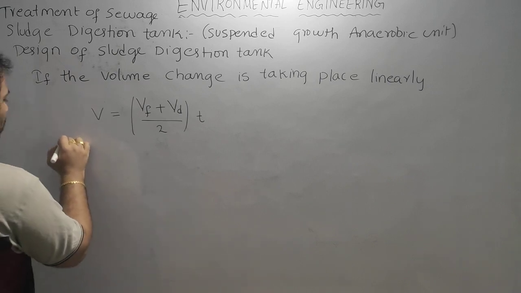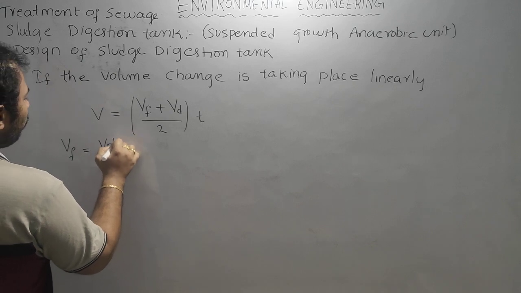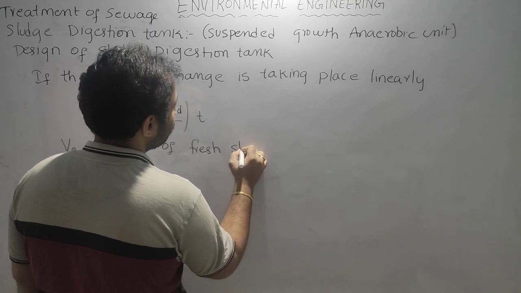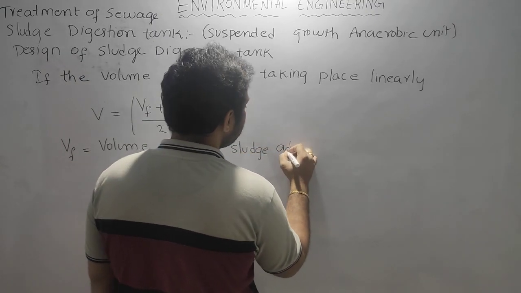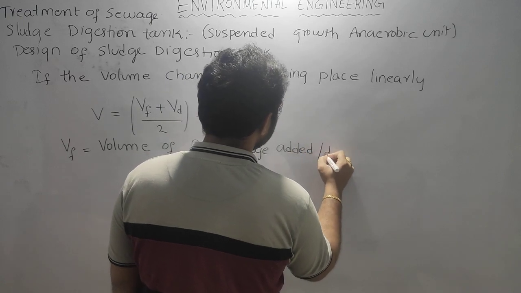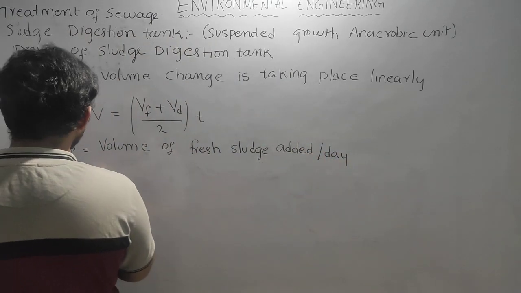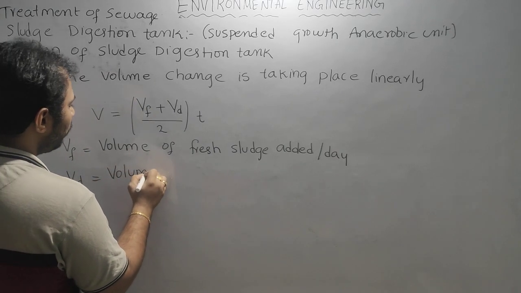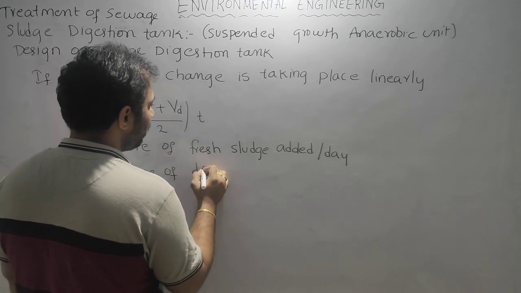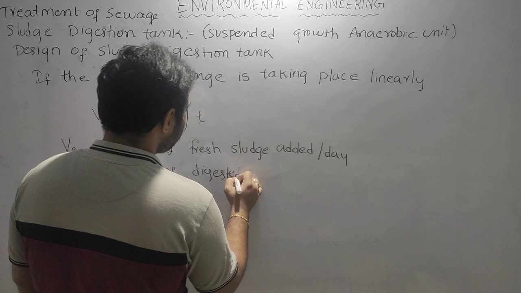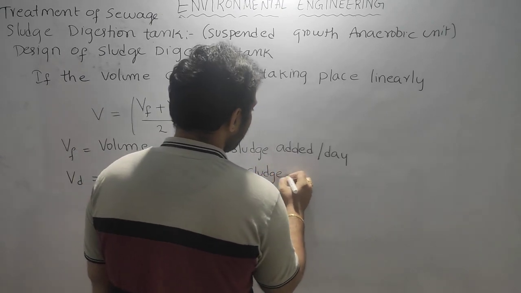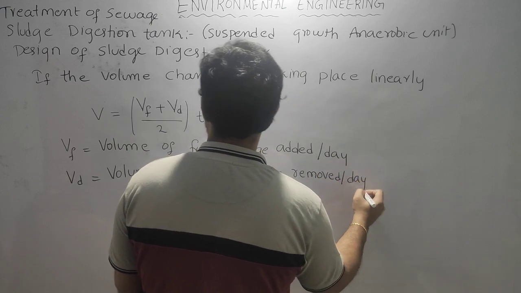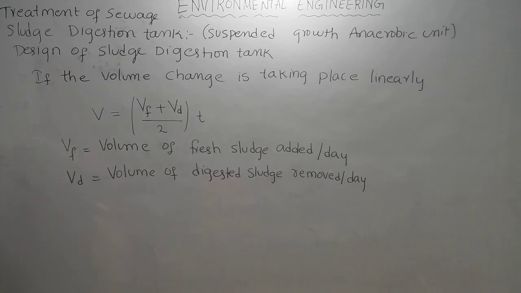Vf is the volume of fresh sludge added per day, and Vd is the volume of digested sludge removed per day. That is Vd.